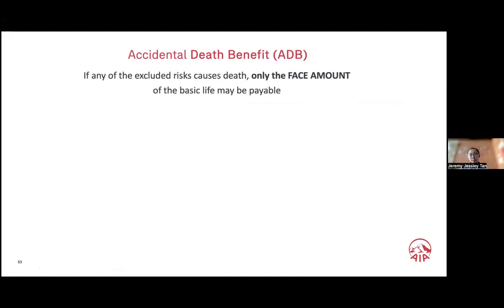Ito, another example. So, coverage niya, same, 1 million basic plan. Accidental death benefit is 500,000. And then, na-accident yung insured.